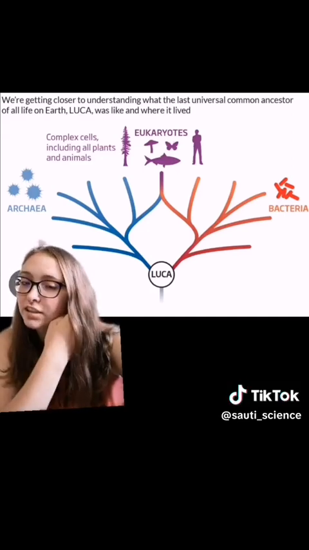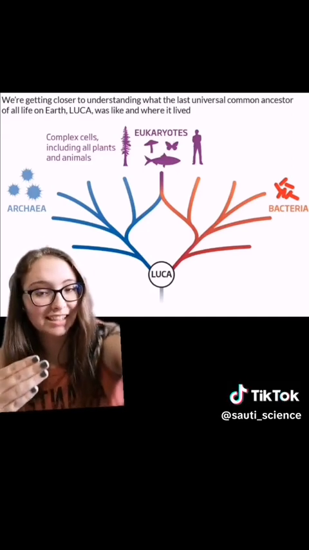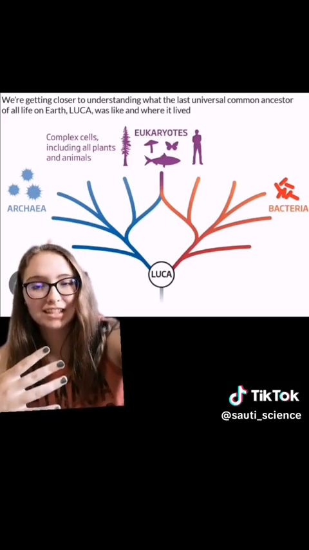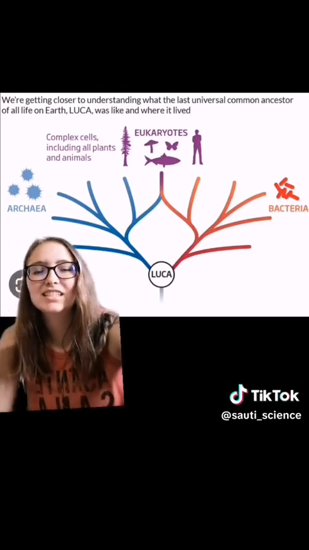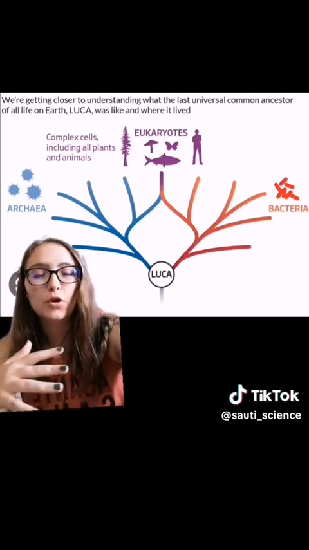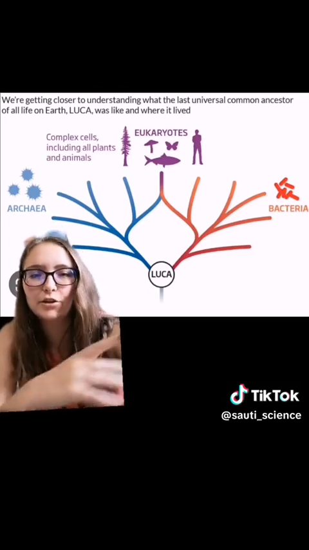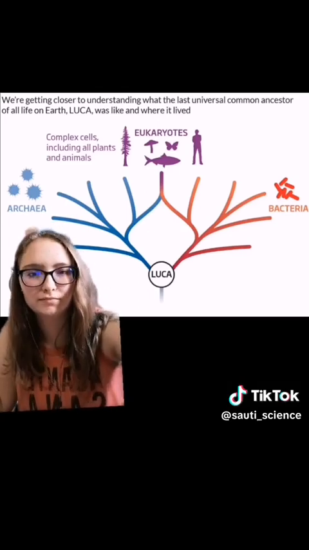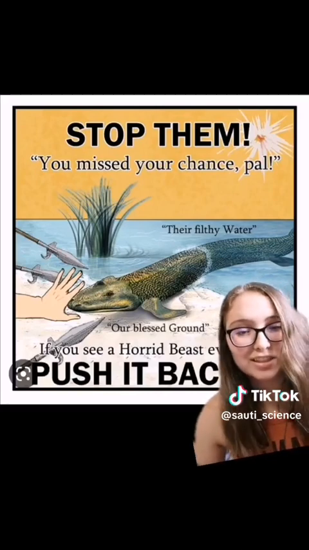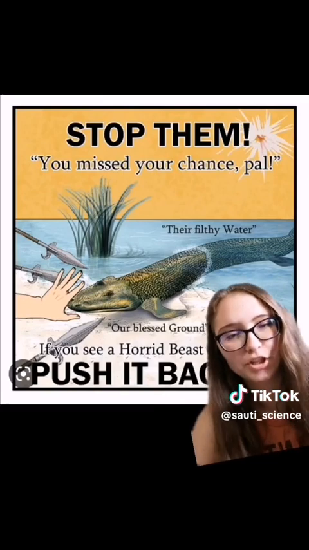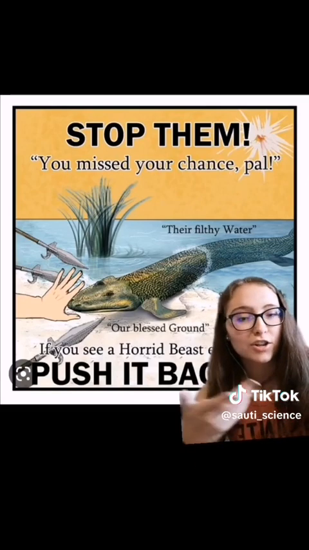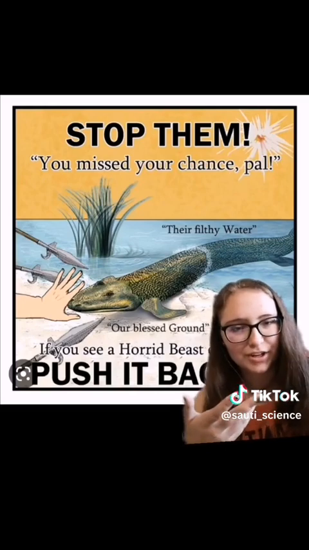Now, we currently don't know what type of organism LUCA was, or even if it had any resemblance to what we have today, but it is the last organism that existed before it split off into archaea, bacteria, eukaryotes, etc. Fast forwarding here, we have Tiktaalik, aka Grandpa, which is the first vertebrate creature to crawl its ass out of the ocean. Yeah, we've got our great-granddad Tiktaalik over here.